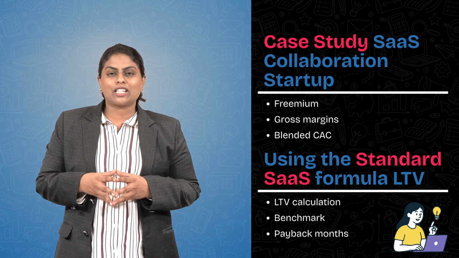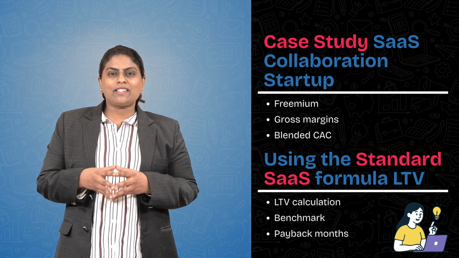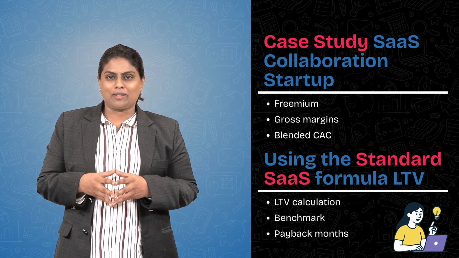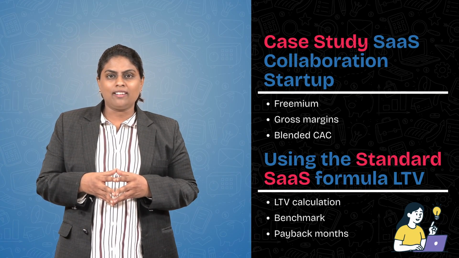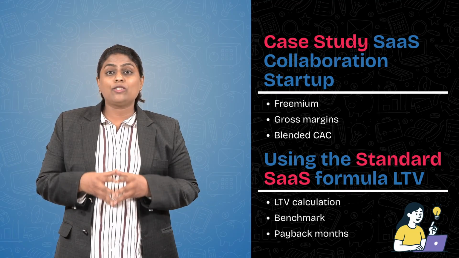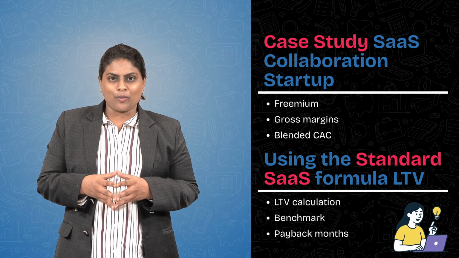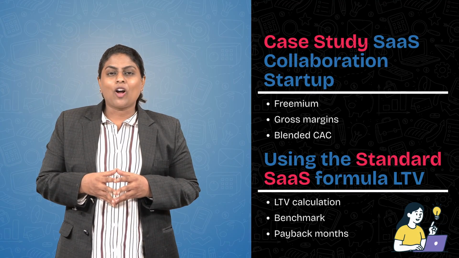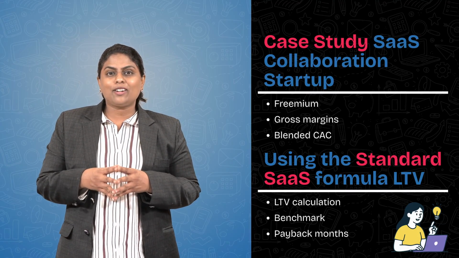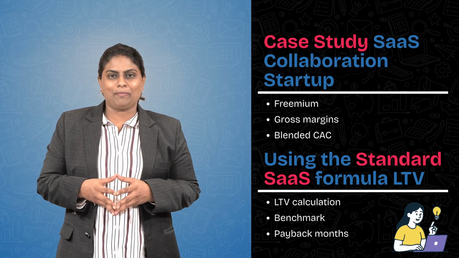Using the standard SaaS formula, LTV equals average monthly revenue per customer multiplied by gross margin and divided by churn, which yields LTV equal to 30 multiplied by 0.8 divided by 0.03, or approximately $800 per seat in this example.